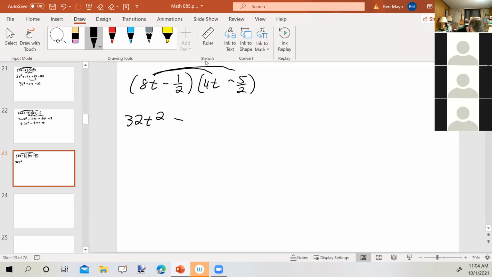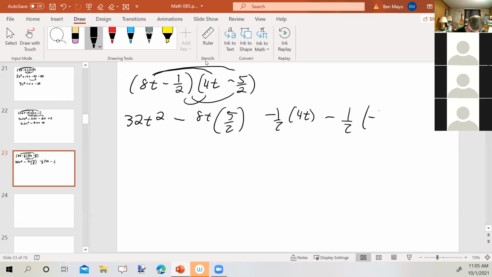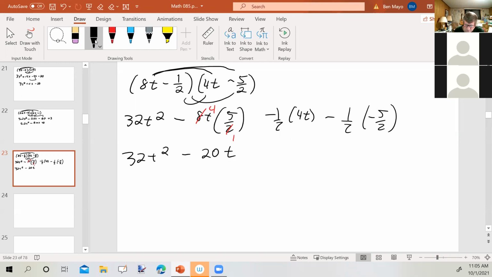So that's going to be minus 8t times 5 halves. I'm going to come back to that in a minute. And then minus 1/2 times 4t, and then minus a half times negative 5 halves. So I'm going to do that intermediate step here as well. So 32t squared. The 8 and the 2 reduced to 4/1. So minus 20t over 1, which is still just minus 20t.